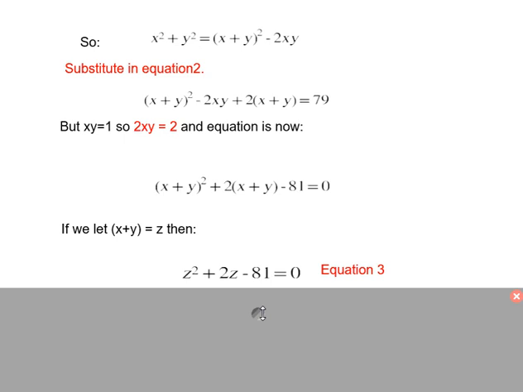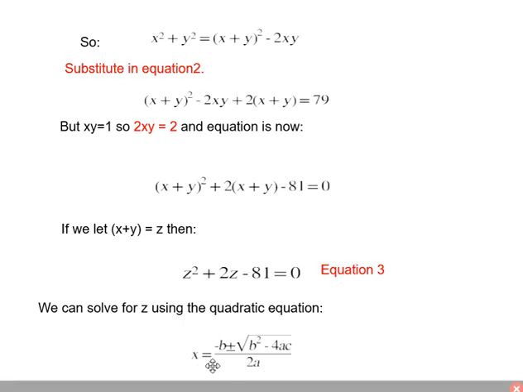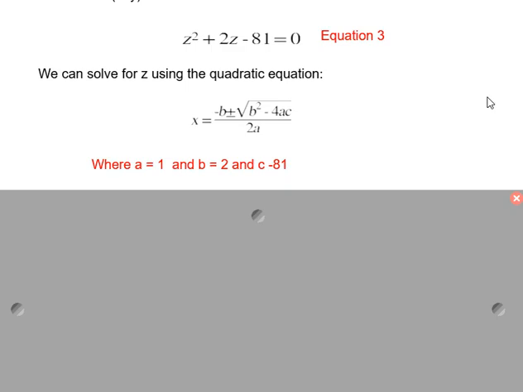Now this is a quadratic equation which we can solve using the quadratic formula, x equals minus b plus or minus the square root of b squared minus 4ac, all divided by 2a. In this case, a is 1, b is 2, and c is minus 81.